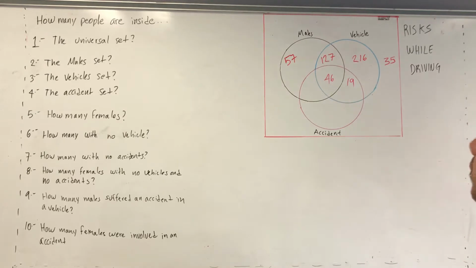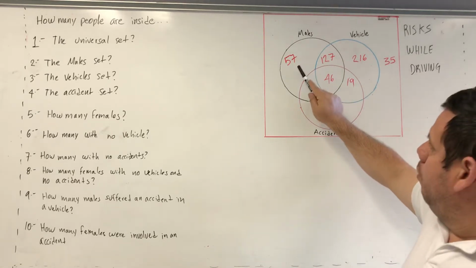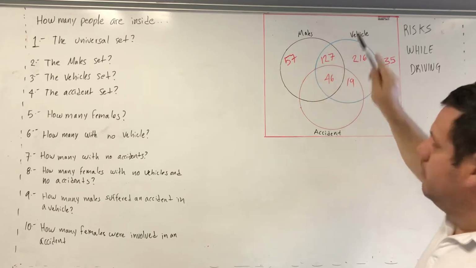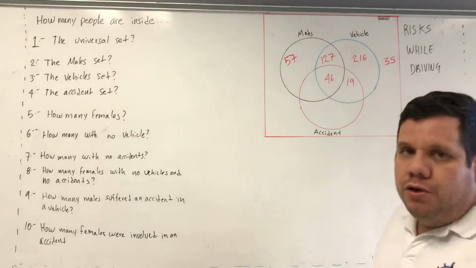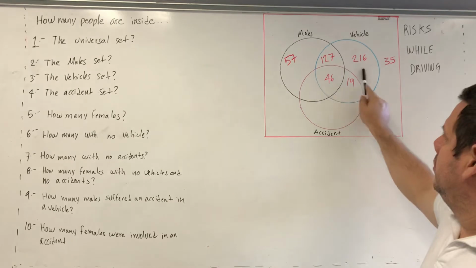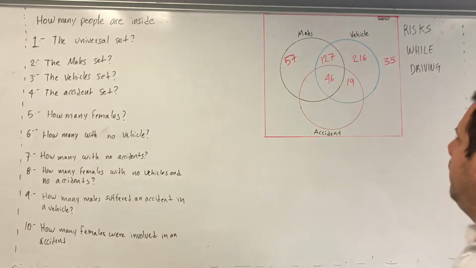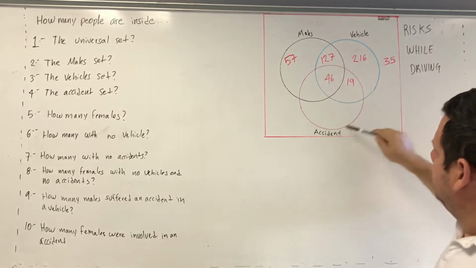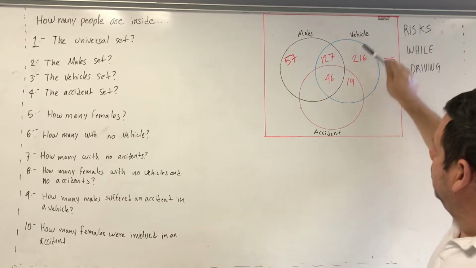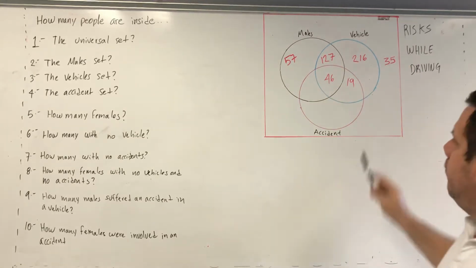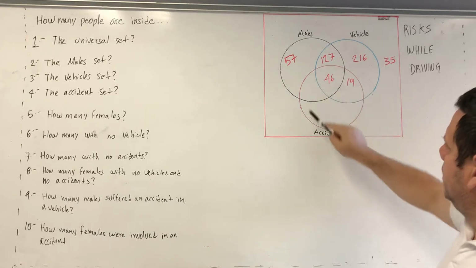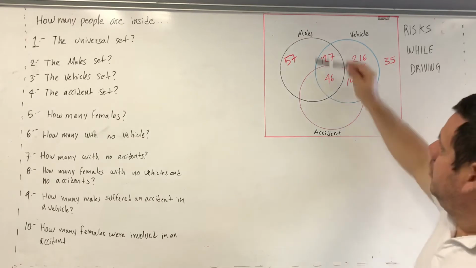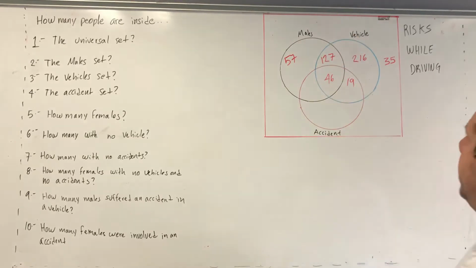If we consider all the values contained here and here, males and vehicle, we have a union between these two sets. If we consider all the values in this circle and this circle, we have a union between vehicle and accident. And all the values contained here and here give a union between males and accident.